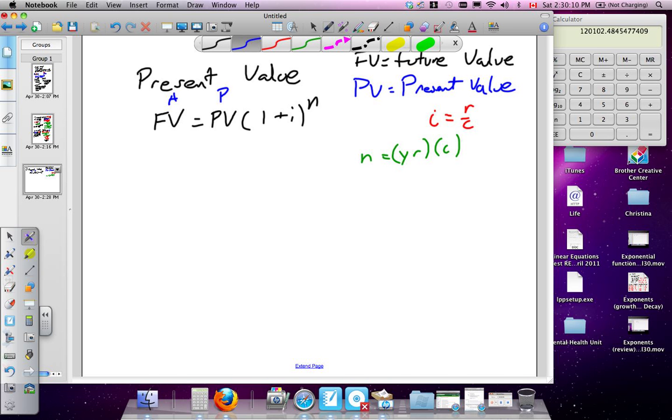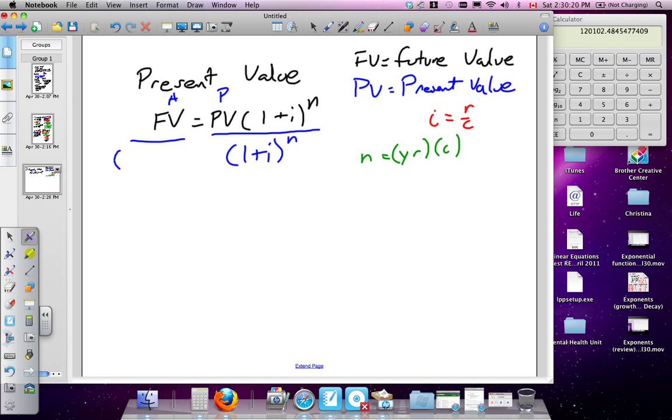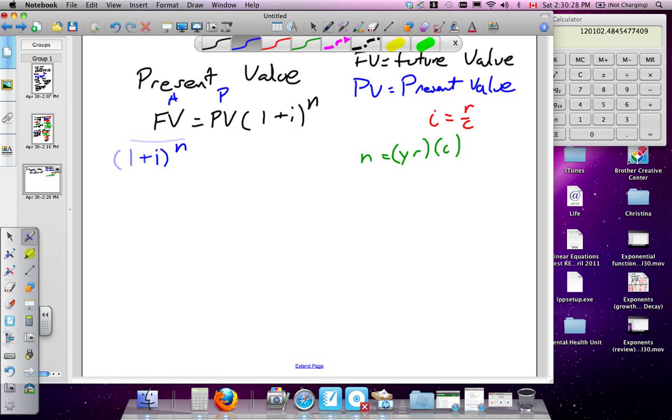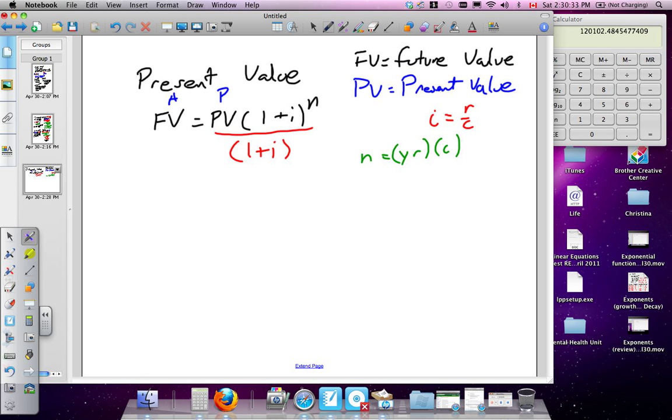In order to do that, I would divide this whole side by 1 plus I to the n. That's all going to disappear in a second, but I'm doing that to get PV by itself. We divide by 1 plus I to the n to get rid of this and this, so I'm left with PV on one side.